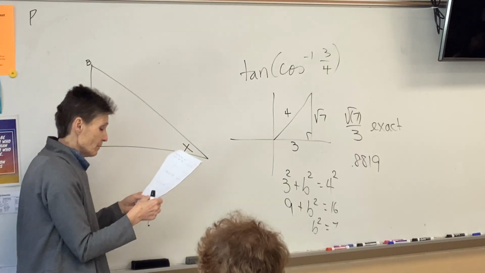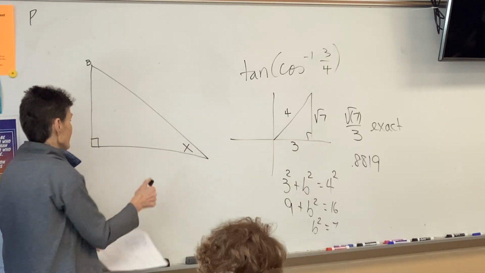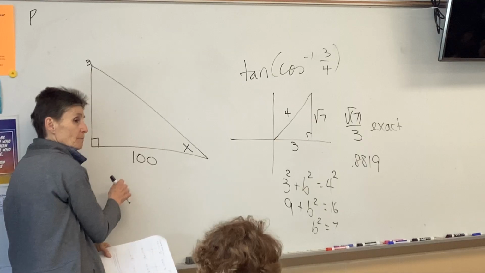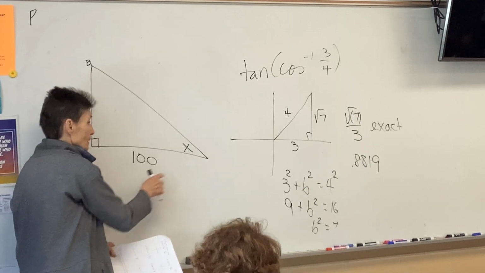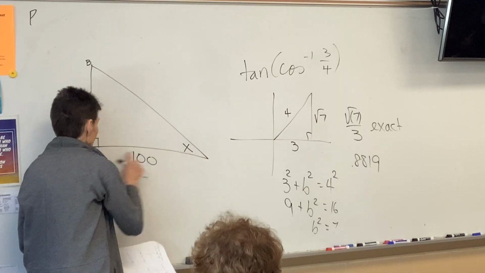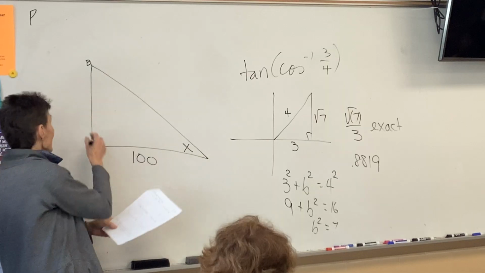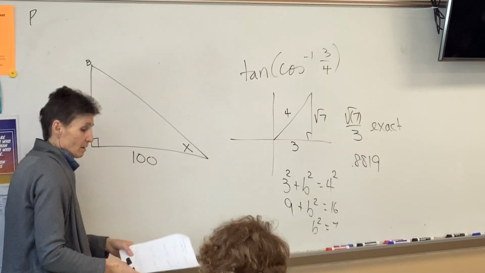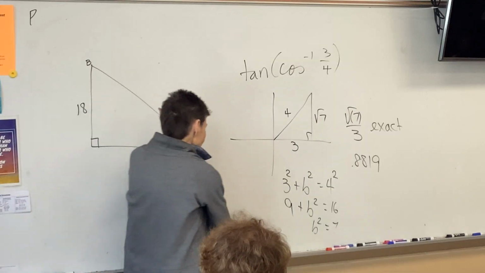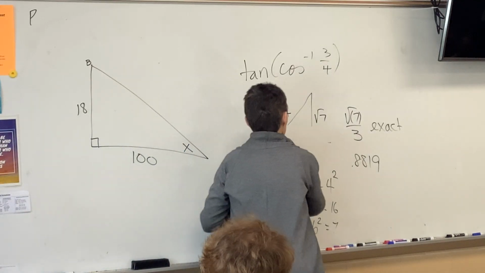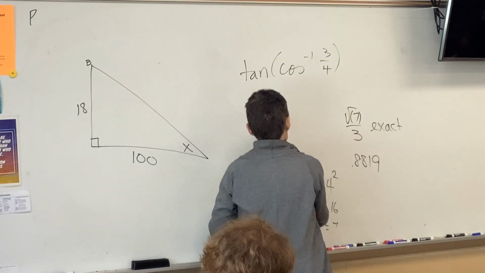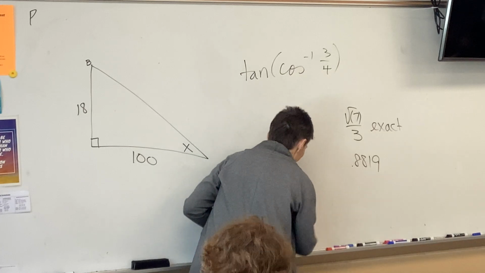From a point on the ground, 100 feet from the base of the tree. Point on the ground, base of the tree, 100 feet. The bird is 18 feet above the ground. Now, in order for you to be able to solve the problem, you're going to need to draw the picture correctly.